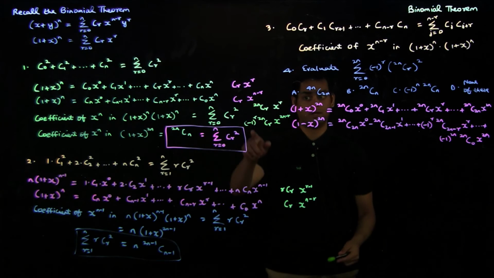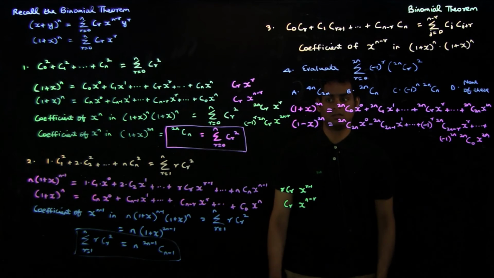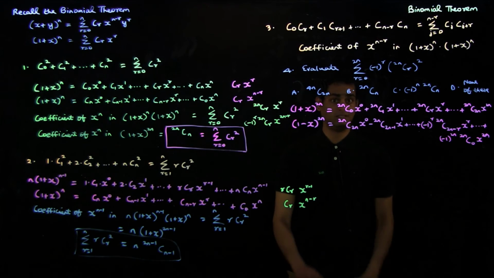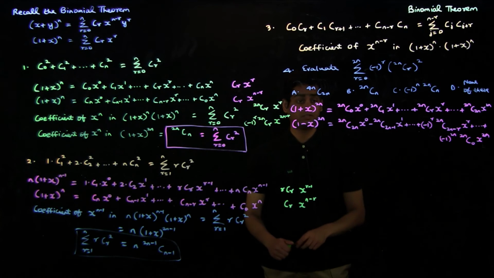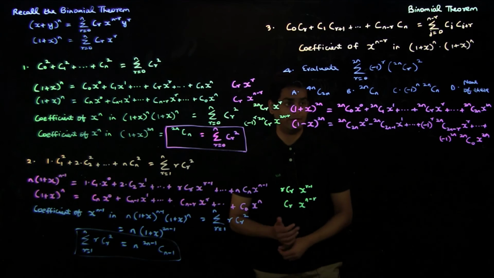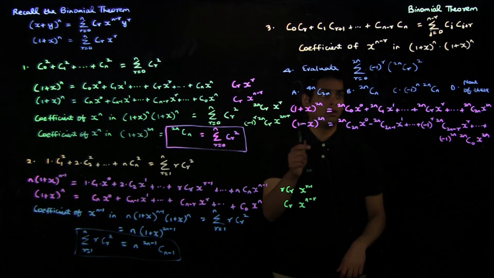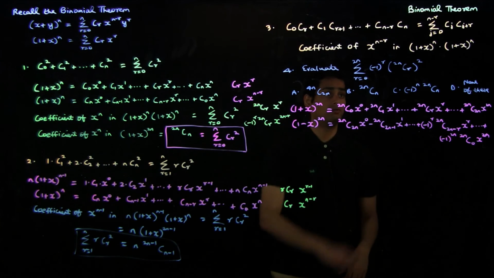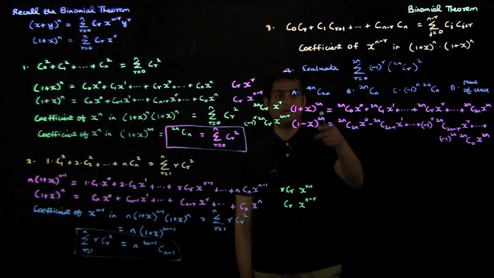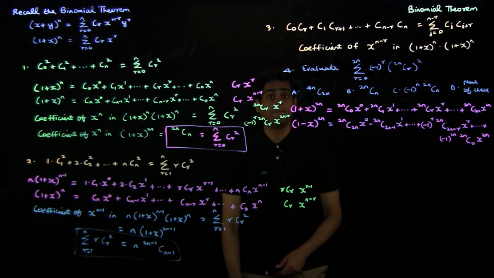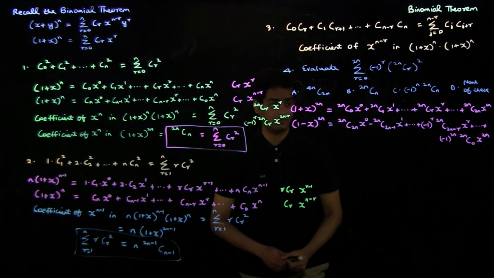We obtain a minus 1 power r since minus 1 power r is the same as minus 1 power 2n minus r, since 2n is even. And so we can obtain minus 1 power r 2n cr the whole square by multiplying these two expansions and looking at the coefficient of x power 2n in the resulting expansion.